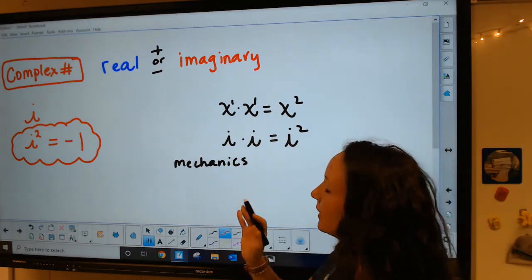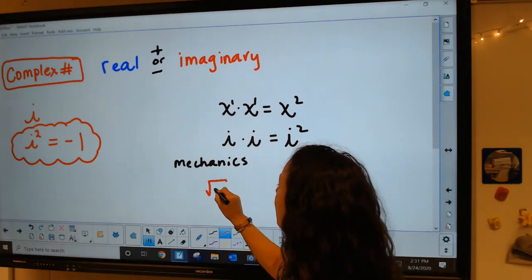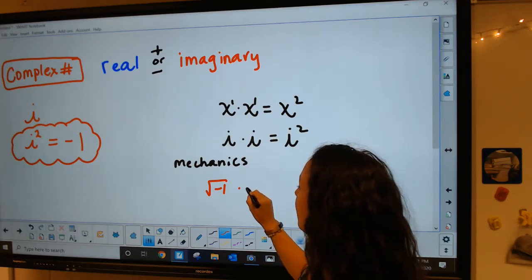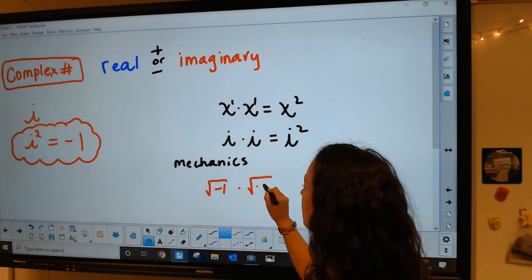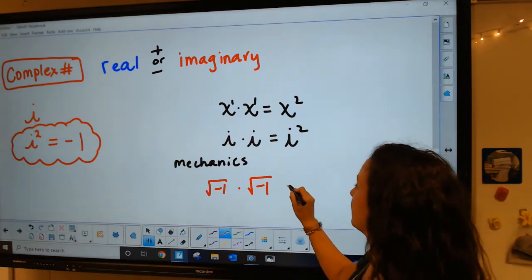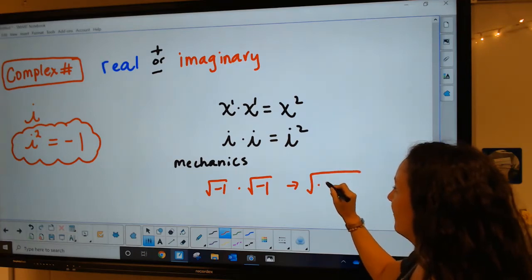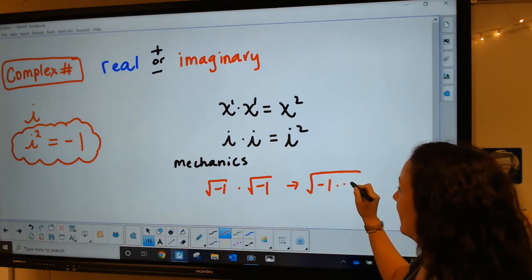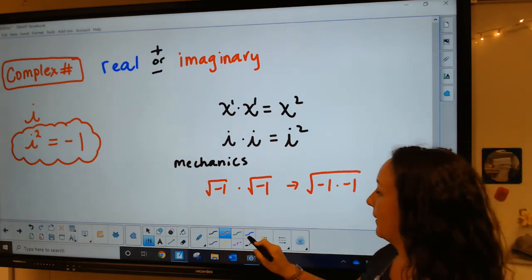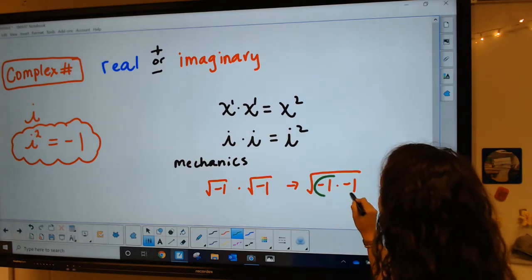So what we learned in notes number 3 is that I is the square root of negative 1. Well, I have 2 square roots of -1. So really, I have -1 and -1 inside of the square root. And what happens when we have a pair of numbers inside of the square root?